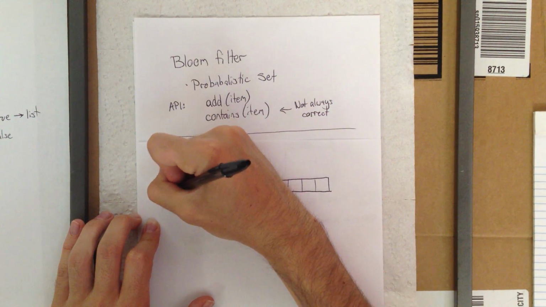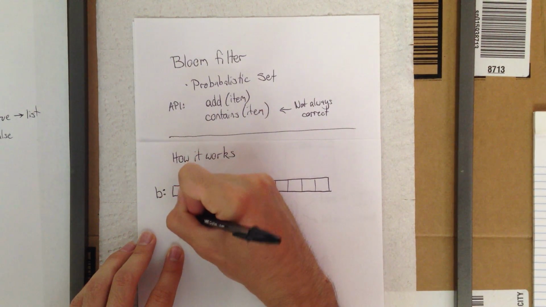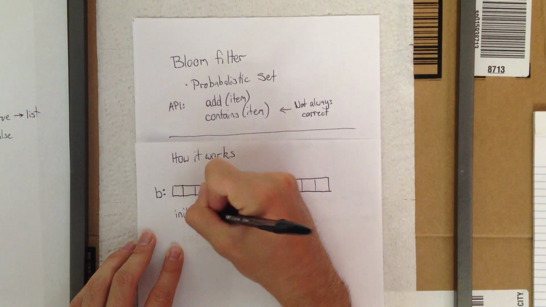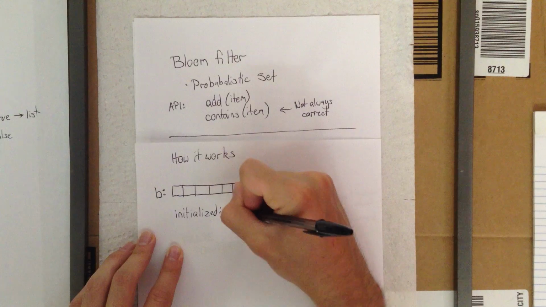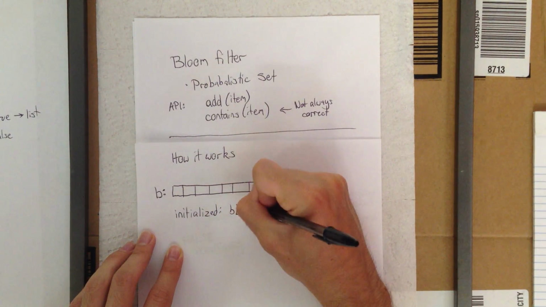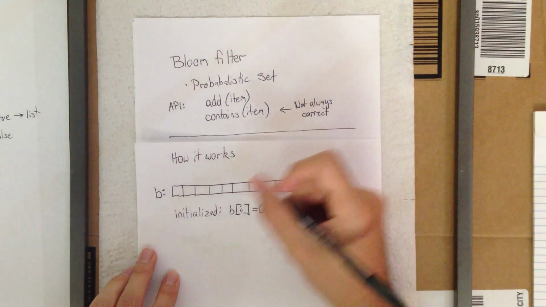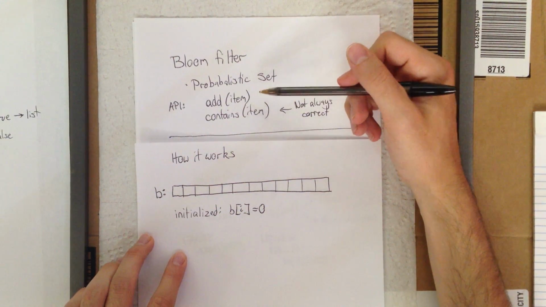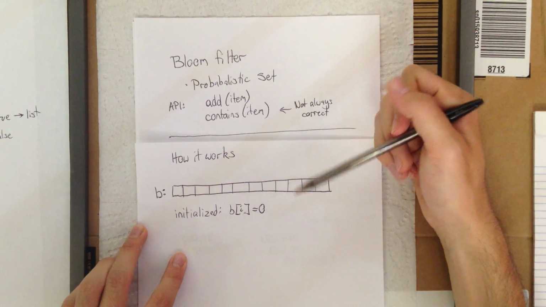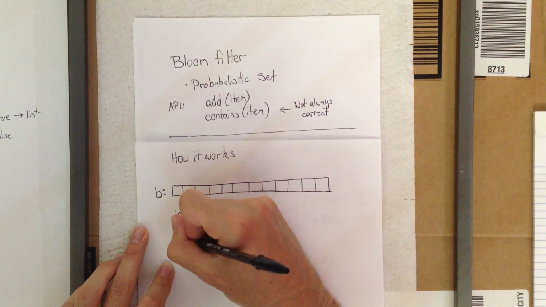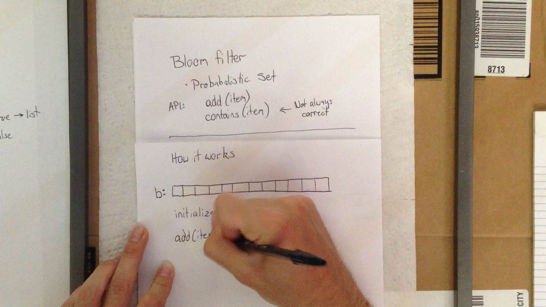I'm going to call this bit array B. And to begin with, when the Bloom filter is initialized, every element in the bit array is equal to 0. And then as we add items, some of these bits are going to be set to 1, but they'll never be set to 0. So what happens when you add an item?